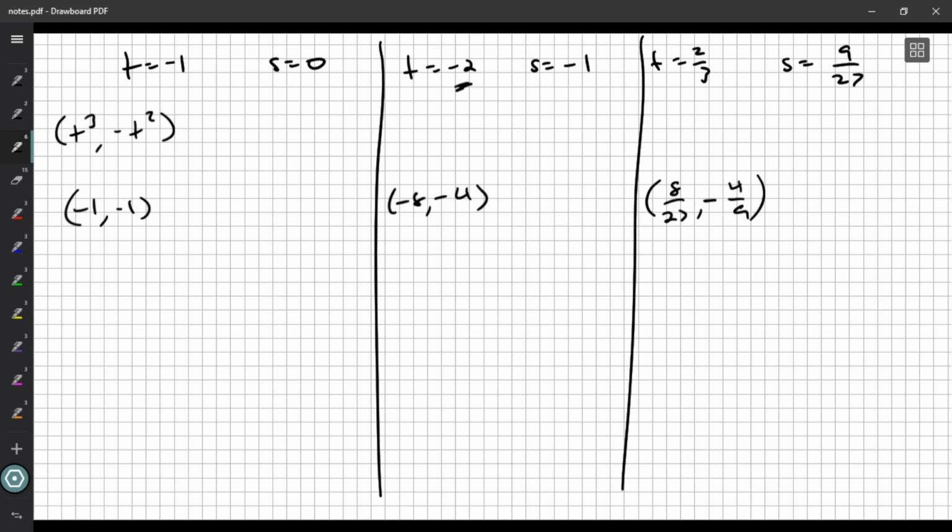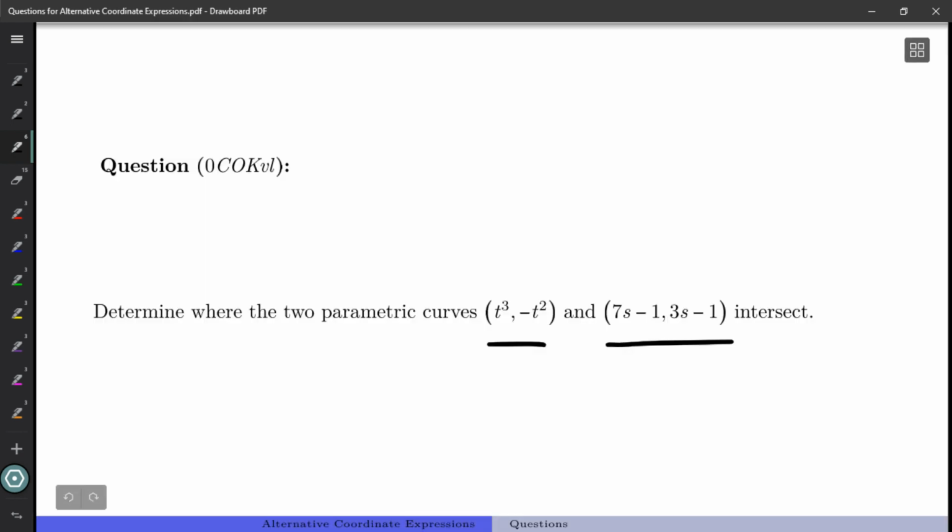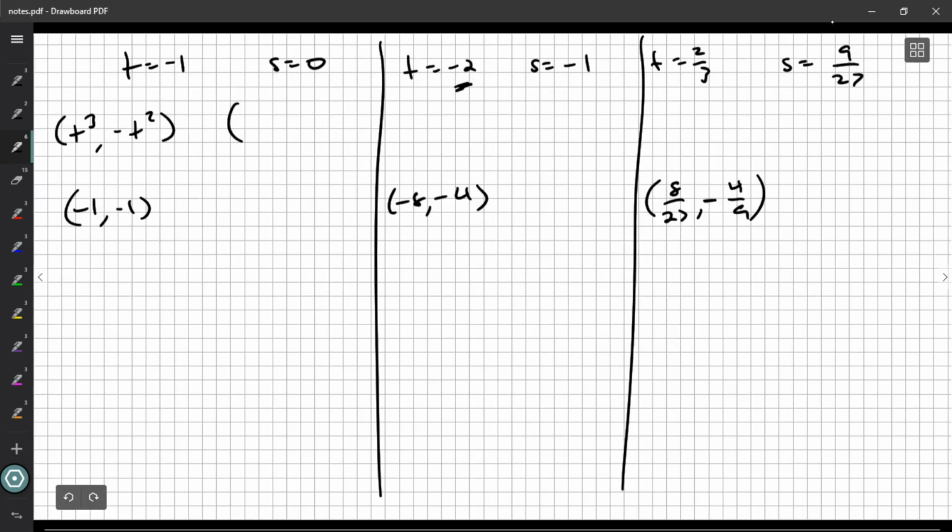All right. The s expression, what was that curve? 7s minus 1, 3s minus 1. Okay, so plugging in 0 is pretty easy. -1, -1. Okay, great. -1, -1 is a point of intersection.